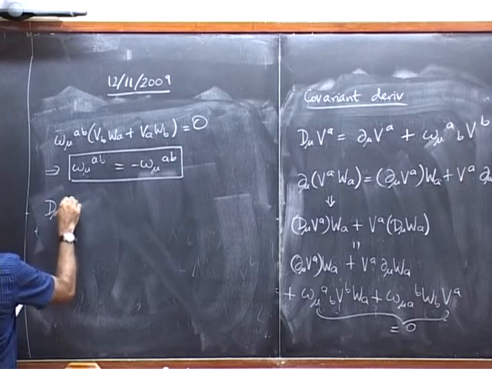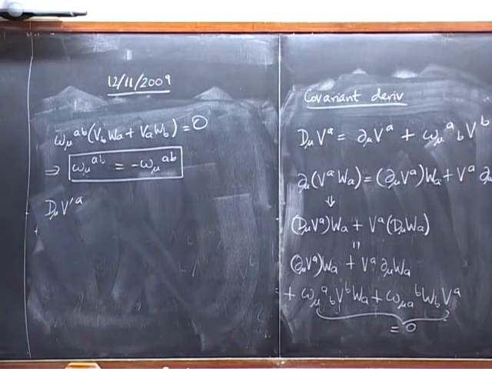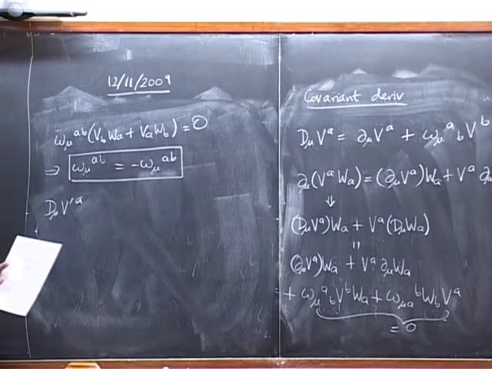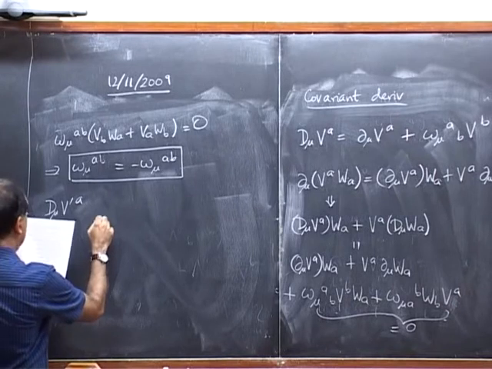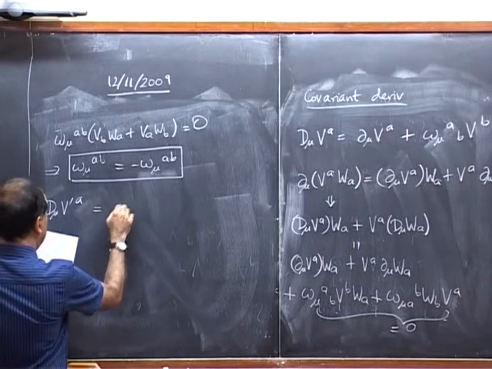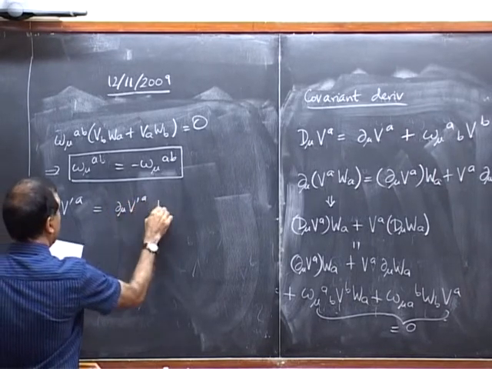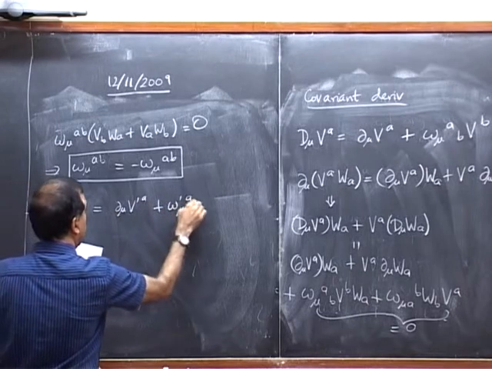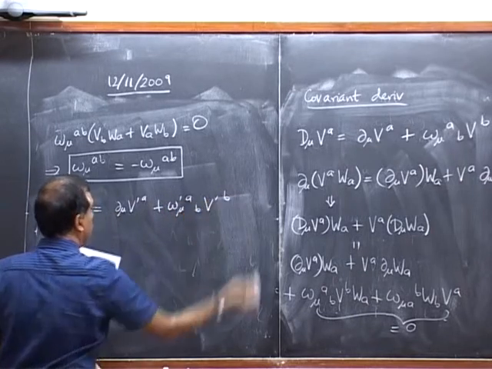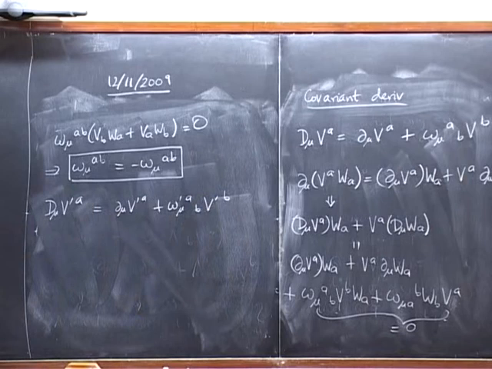So let's look at D_mu V'^a, where V'^a is an LLT transformation on V. Okay. So first of all, this is equal to d_mu V'^a plus omega'_mu^a_b V'^b, where omega prime is the new omega after the LLT transformation.